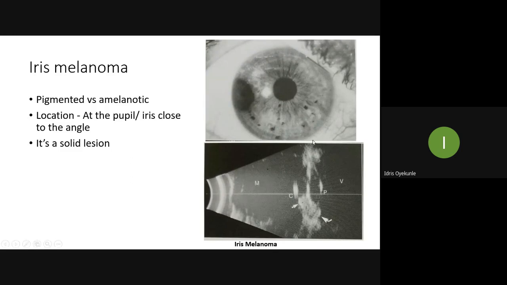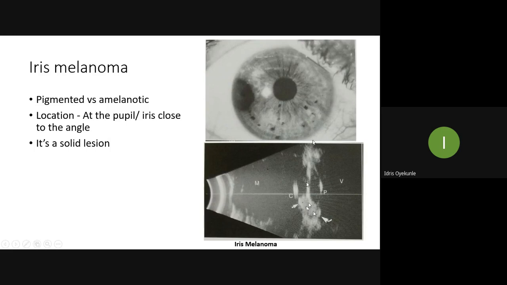What you see on the B-scan when you do an immersion technique is a very irregular lesion, an area that is hyperechoic and has a uniform internal structure here, unlike the cyst where you have the echo-free center.